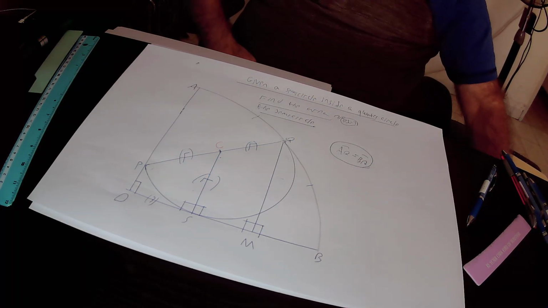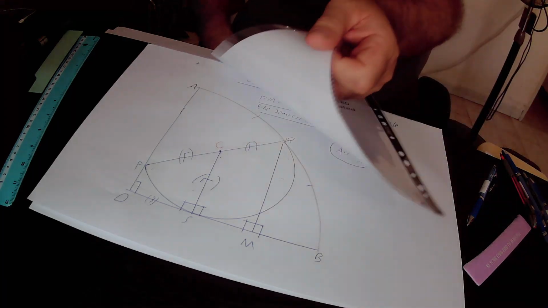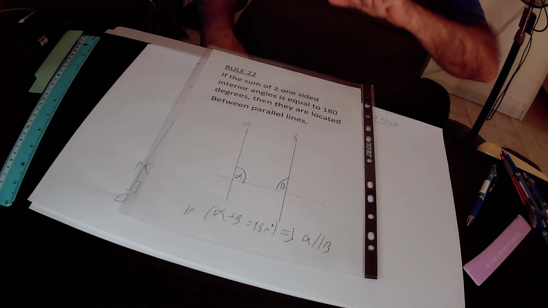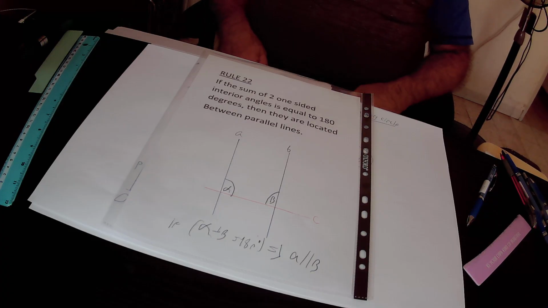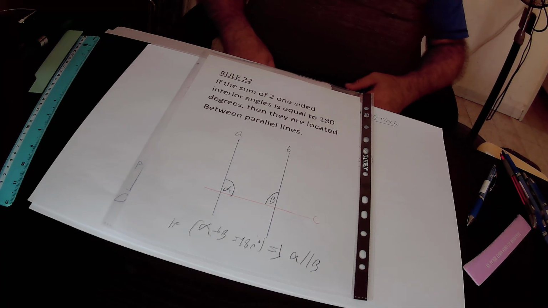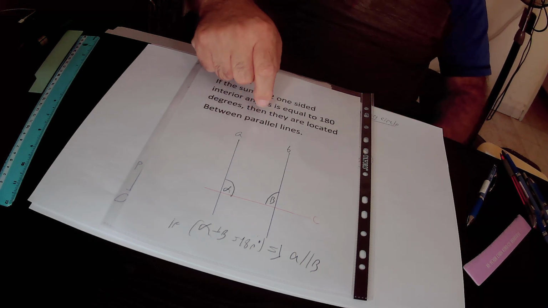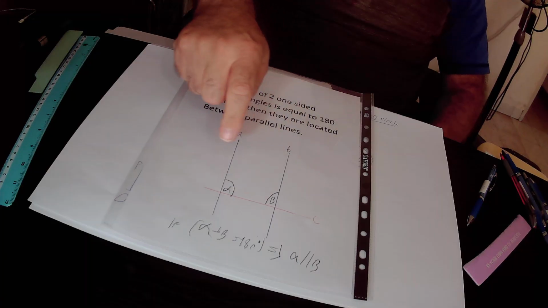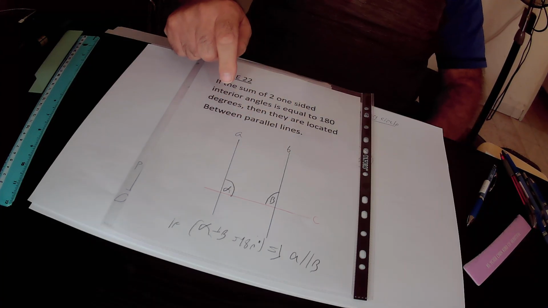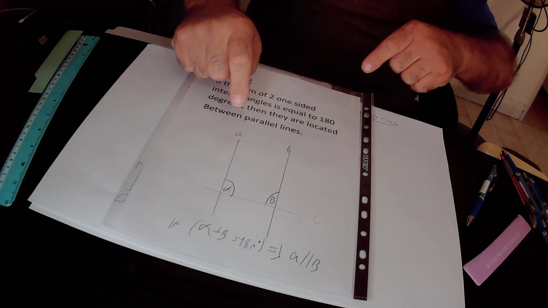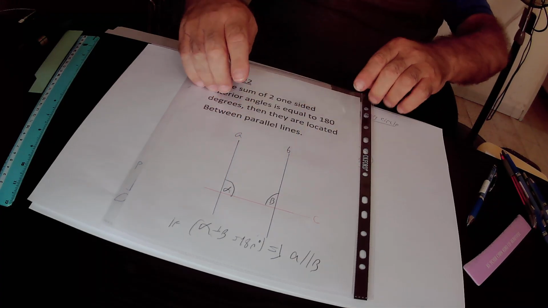So quickly on rule 22. According to rule 22, if the sum of two one-sided interior angles is equal to 180 degrees, then they are located between parallel lines. In the drawing we have line A and line B. The red line C cuts those two lines A and B at those 2 points.